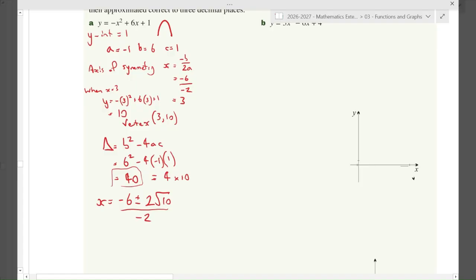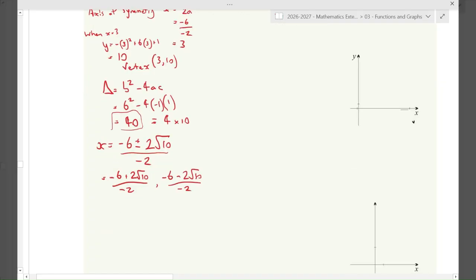So what are my 2 roots? I have minus 6 plus 2 root 10 over minus 2, or I have minus 6 minus 2 root 10 over minus 2. So I've got 3 plus 2 root 10 or 3 minus 2 root 10.